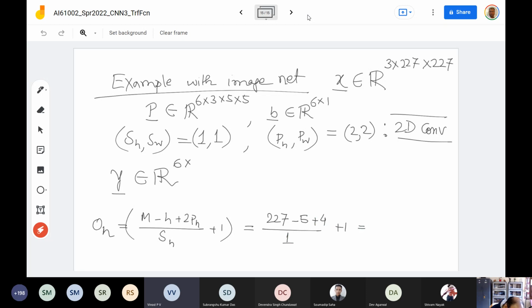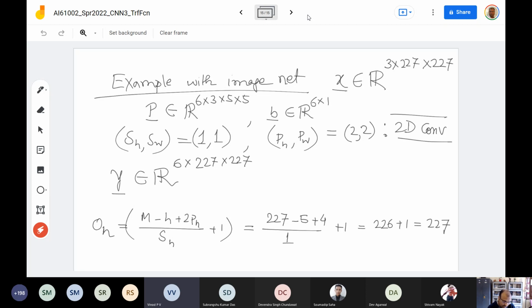It should be 227 cross 227 itself. So this is going to be 227 minus 1 is 226. 226 plus 1, which is equal to 227. Yes or no? Yes. Okay.